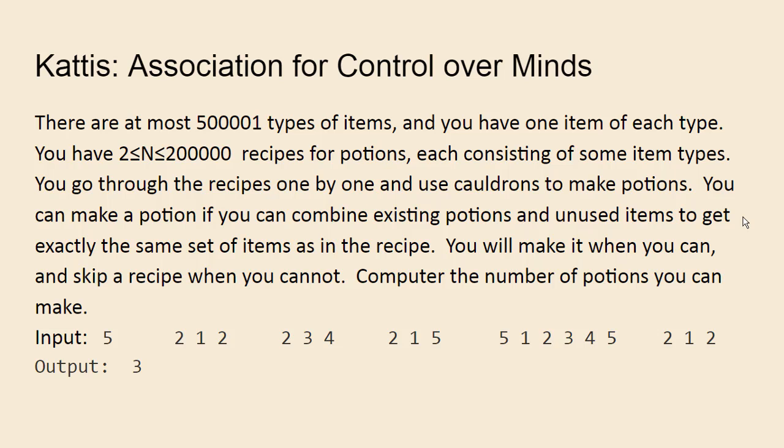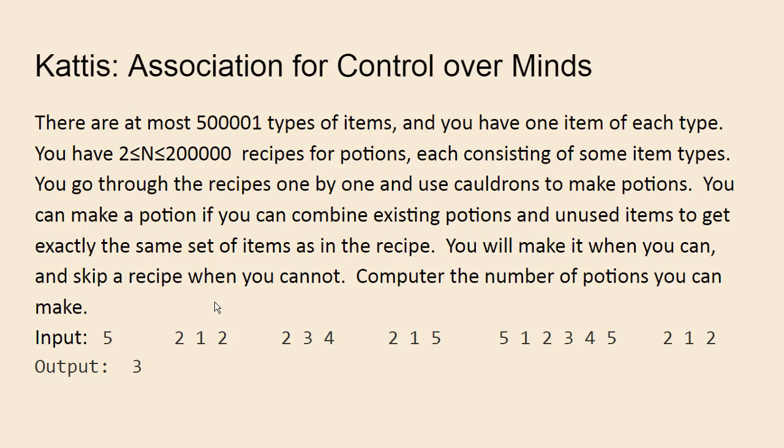The question asks us to compute the number of potions we can make. Let's look at the example. We have 5 recipes in this sample test case. Each recipe starts with a number that describes how many item types are in the recipe. The first recipe has 2 items, and the item IDs are 1 and 2.